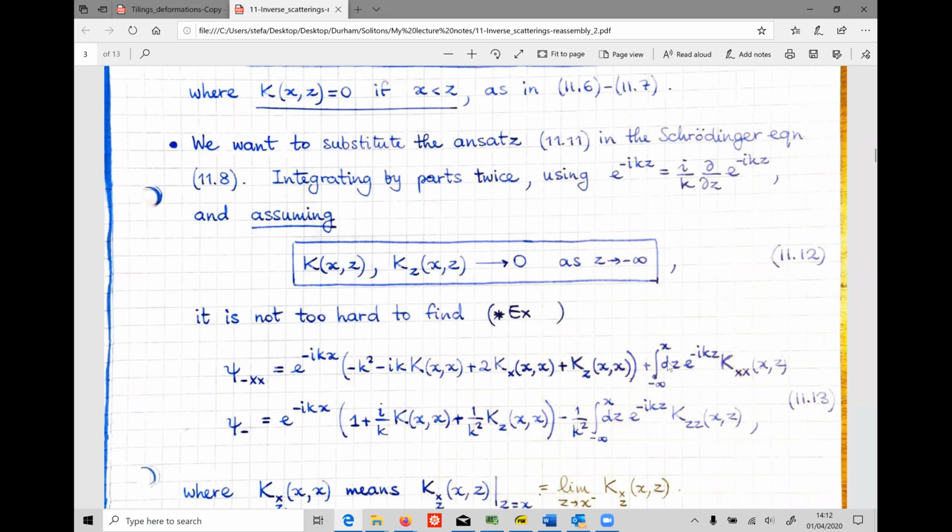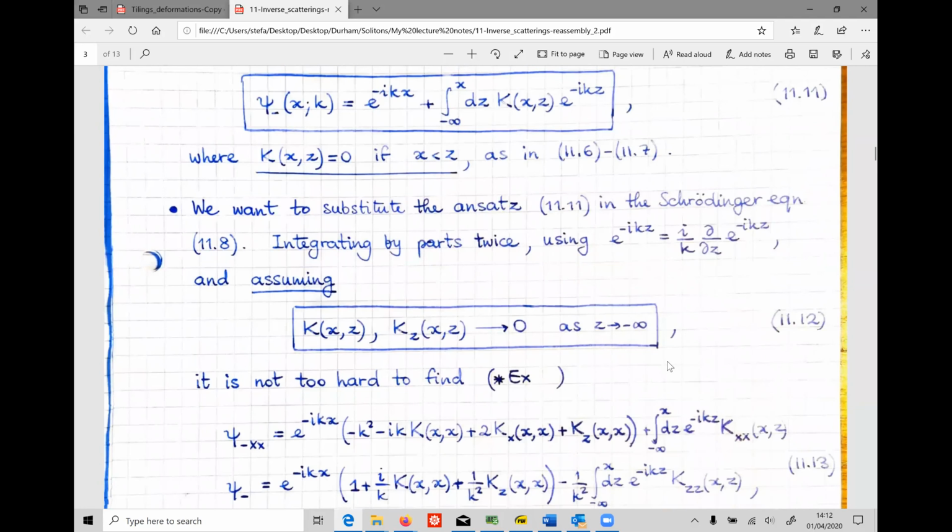So the idea is that the expression simplifies when you integrate by parts a few times. In particular, you can rewrite the exponential of minus ikz as being equal to its first or second derivative with respect to z up to a prefactor.